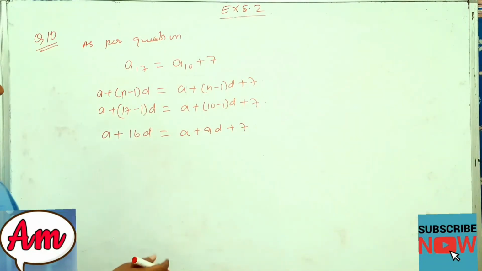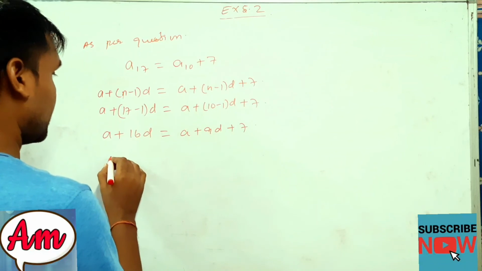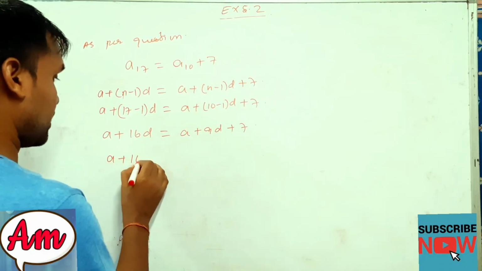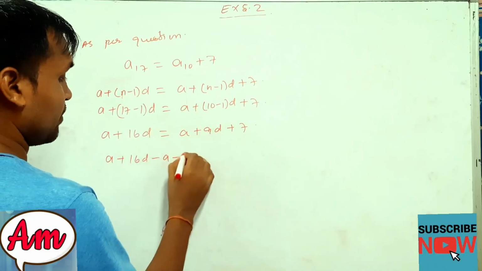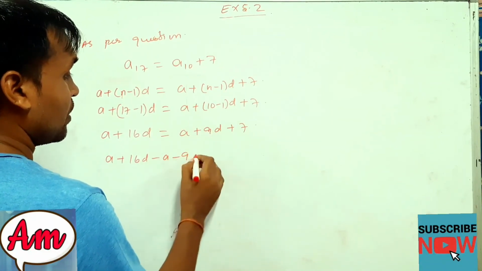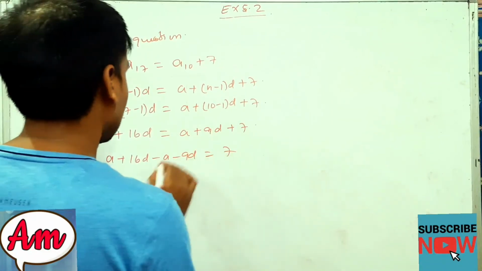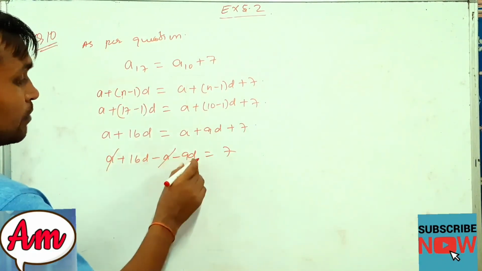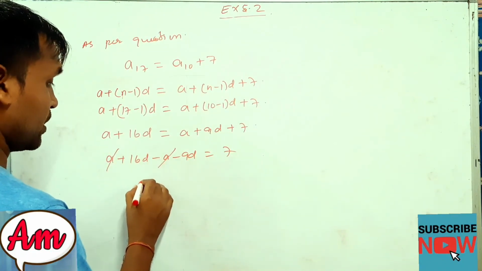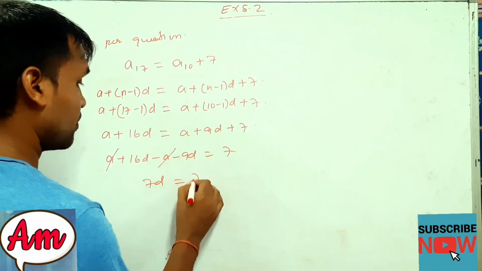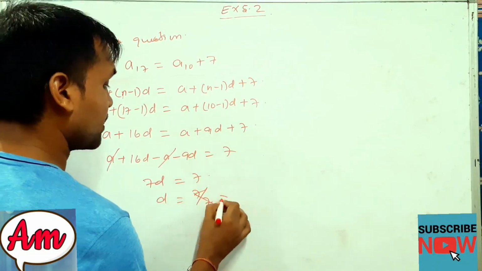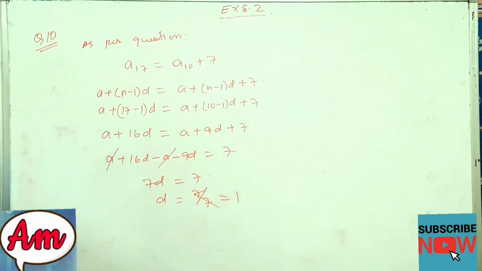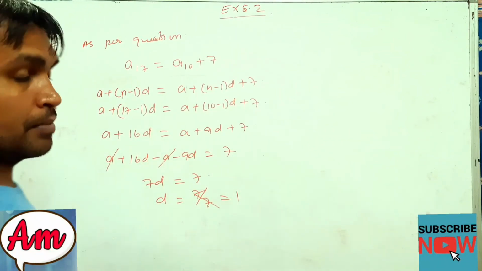Now bring all this thing this side, so it will be a plus 16d, and this one if I bring this side, minus 9d, equals 7. So a cancels, 16 minus 9 is 7d equals 7. So d equals 7 divided by 7, which equals 1. So this is the answer of question number 10.